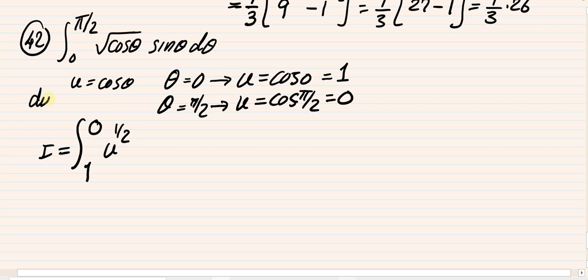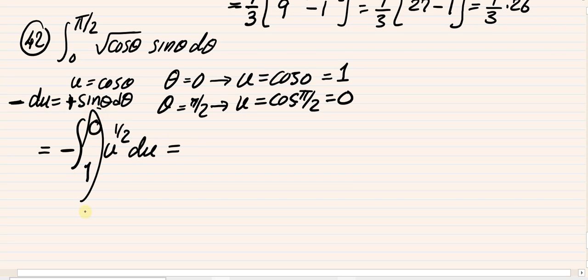Now du, derivative of cosine, is negative sine, right? Negative sine theta d theta, and I have only sine theta d theta, so that means I'm going to make this negative of du. Negative of du will make that positive. And now, because the limits of integration are not in a proper form, right? We always go lower first, higher second, on top.